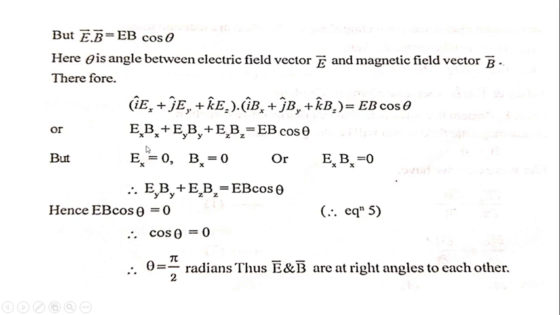So we get Ex Bx plus Ey By plus Ez Bz equal to EB cos of theta.